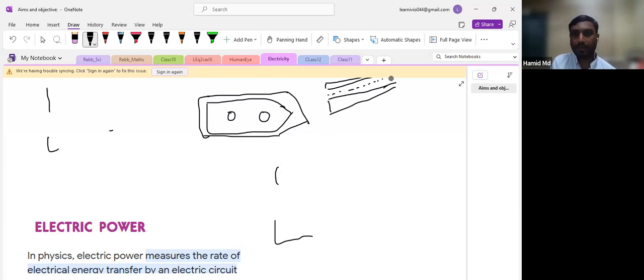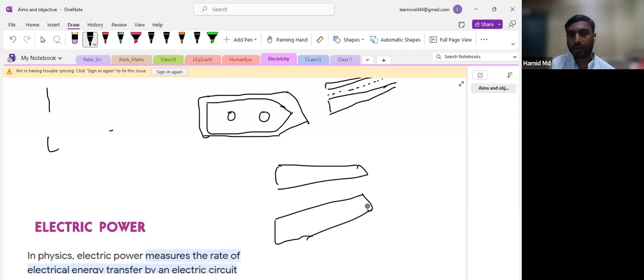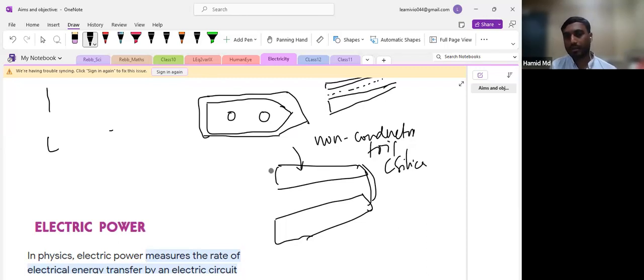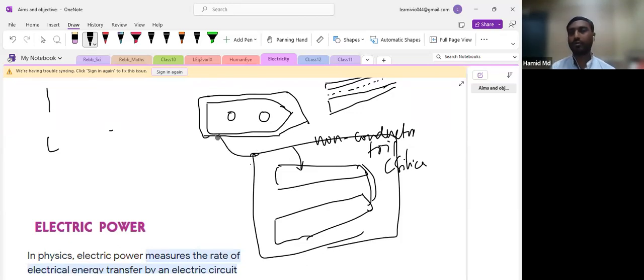And that plate is again covered by some non-conductor foil of silica, right? So they will be covered in a silica cover, and then it is placed in between over here. Did you get any idea?